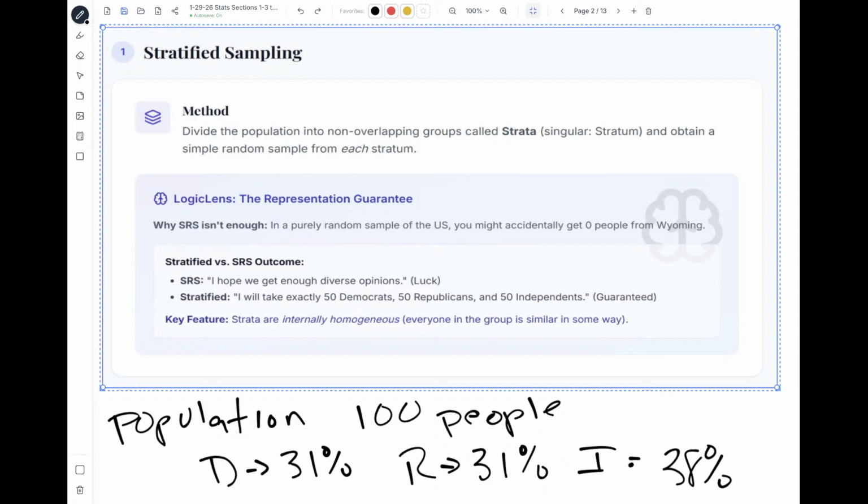So if I was going to stratify and pick a sample of 100 people, I would want to make sure I picked 31 Democrats, 31 Republicans, and 38 Independents. I don't want to pick them all equal unless they're all equal in the population. Does that make sense?